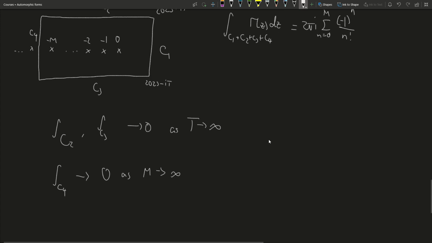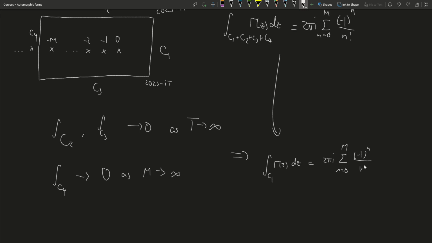So what that means, these things together, is that the integral along C1, which is the integral that we care about, of gamma z dz, is equal to 2 pi i times the sum from n equals 0 to m of minus 1 to the n over n factorial.